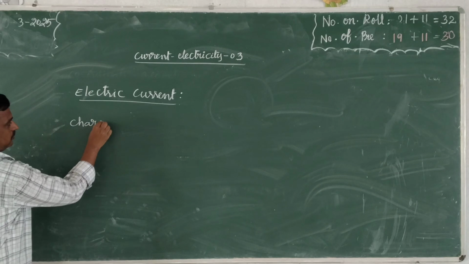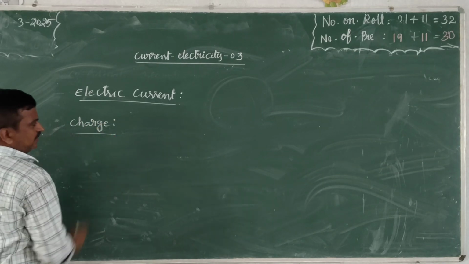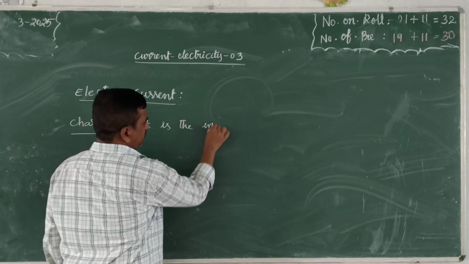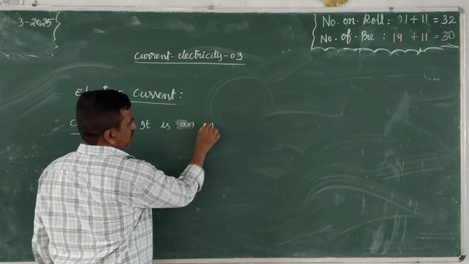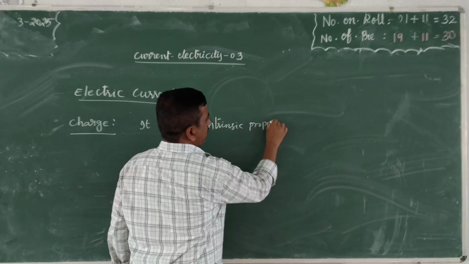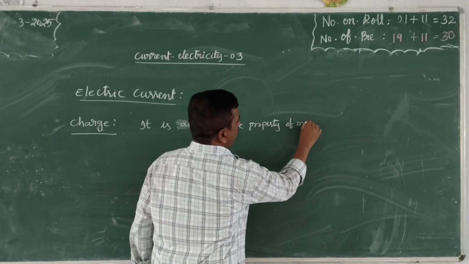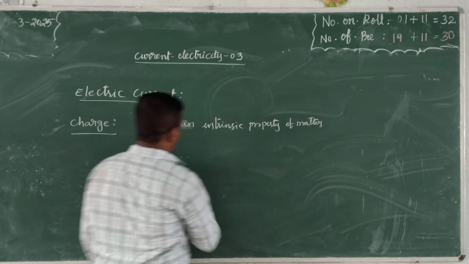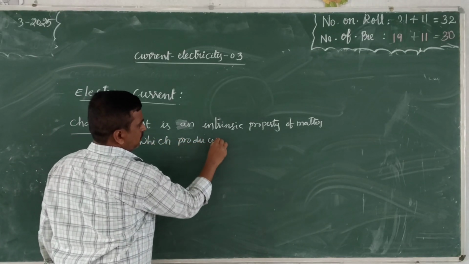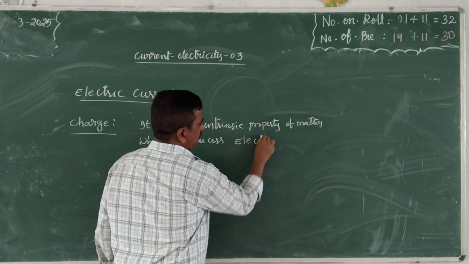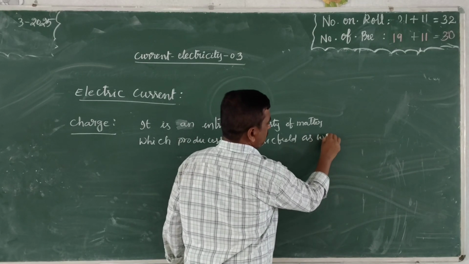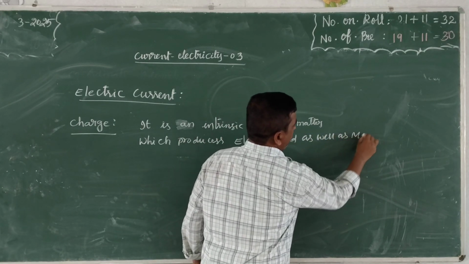See, charge. Charge means it is the intrinsic property of matter, which produces electric field as well as magnetic field.